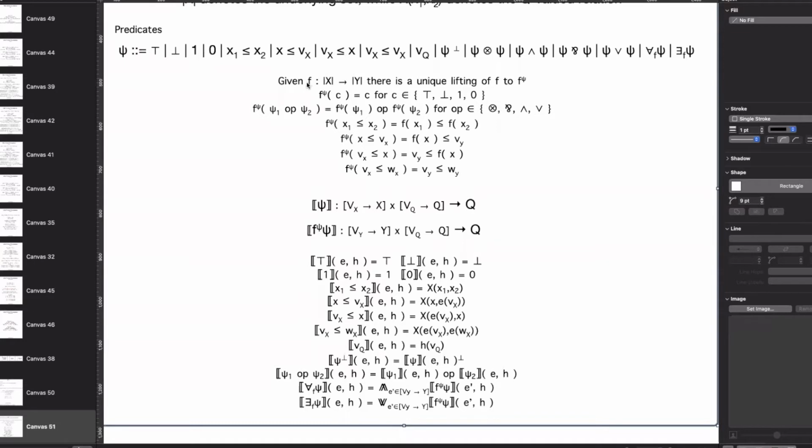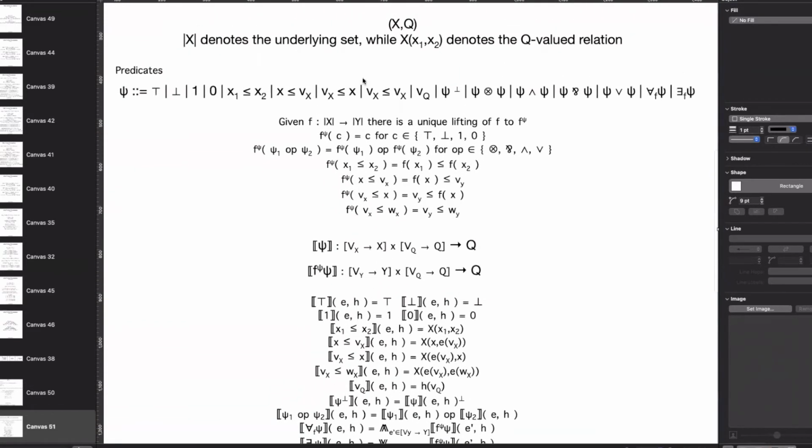So a Q functor is going to be given in terms of a map from the underlying set of X to the underlying set of Y, which is bounded above by the relation.